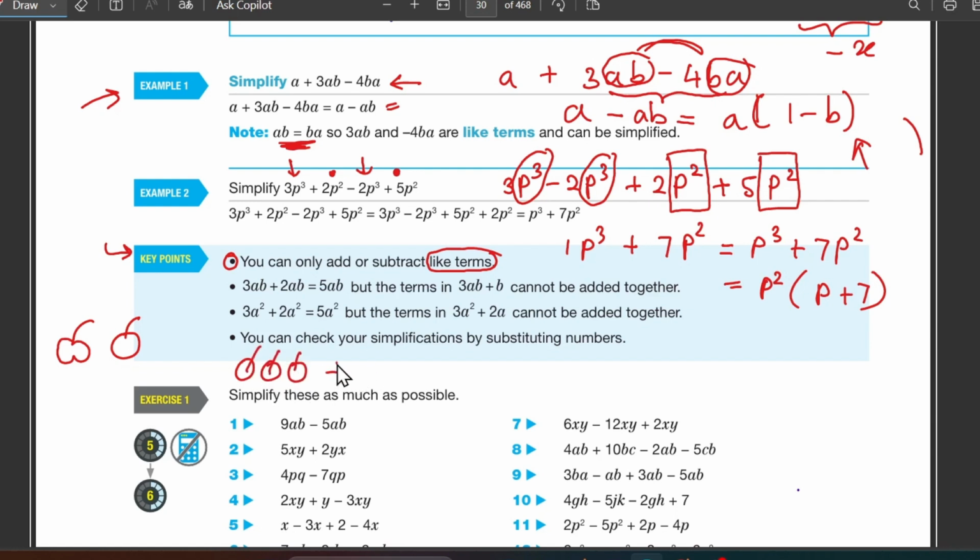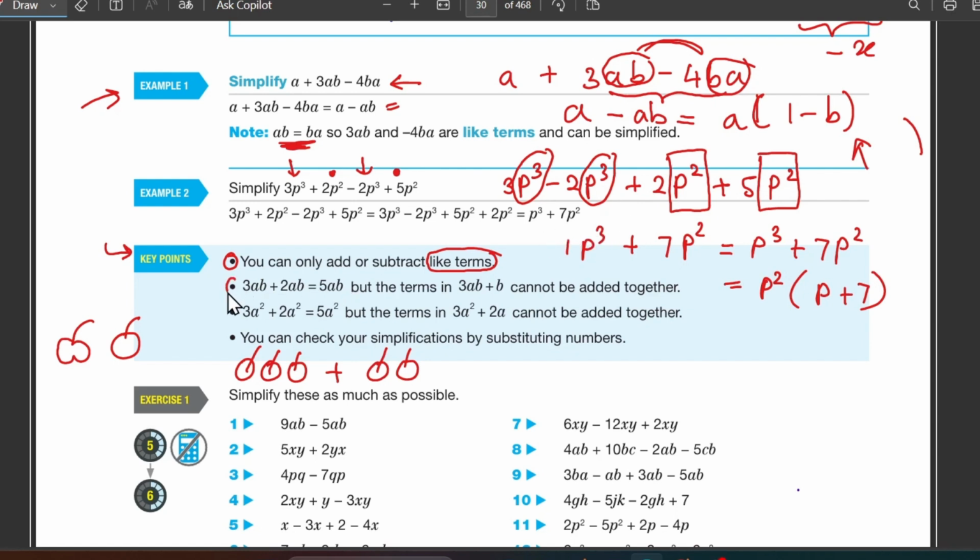We can add 3 oranges and 2 oranges. But we can't add 3 oranges and 5 apples. Like that. So like terms meaning if we are adding p cube, then the adding term also should be p cubes. We cannot add p cubes and p squares.